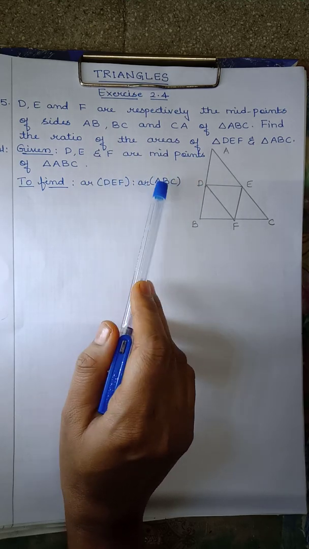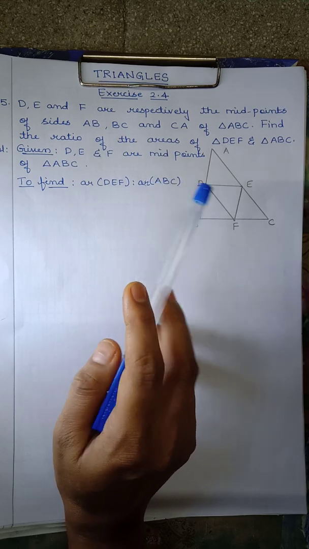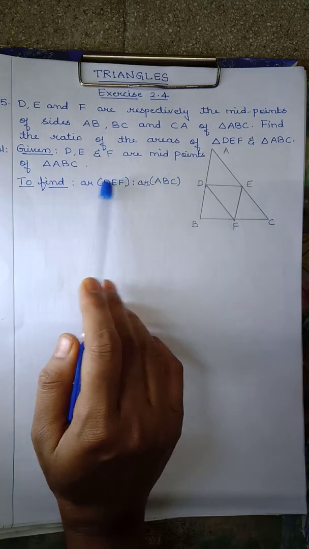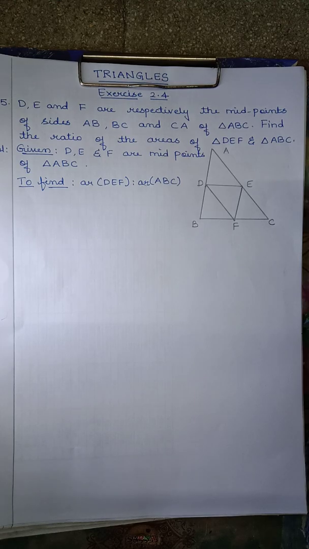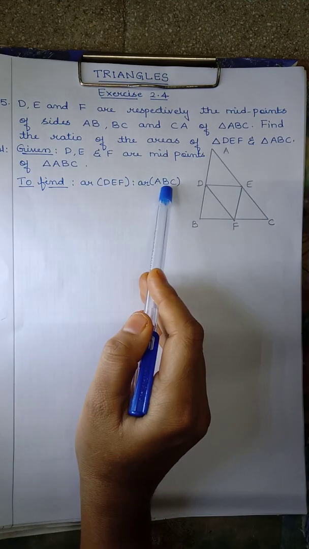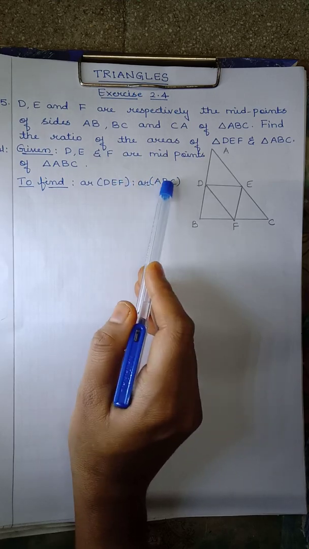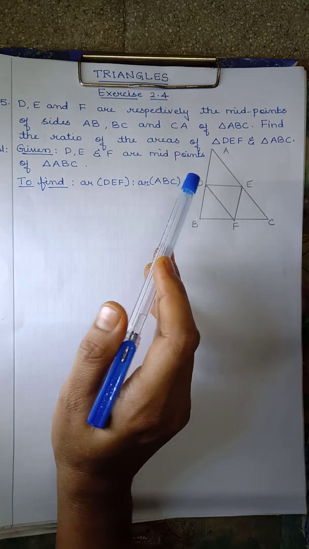That is, the ratio of the areas of two similar triangles is equal to the ratio of the squares of their corresponding sides. Always when area comes in the question, you have to use that theorem. To use this theorem, we have to prove that the triangles are similar, because we can apply it only to similar triangles.